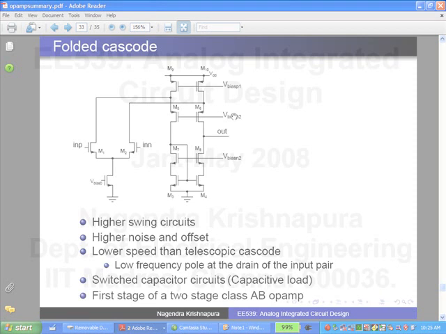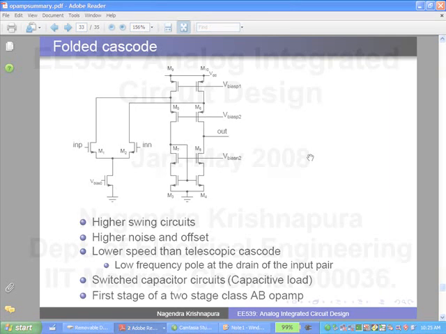And the other point is here I can't make these transistors minimum length because then my DC gain will go down a lot. In a folded cascode, the gain depends on all of these transistors, right? The DC gain part of it. So I can't use minimum length devices here and try to get a very large gain. If I do that, my DC gain also falls down. Sorry, very large bandwidth.